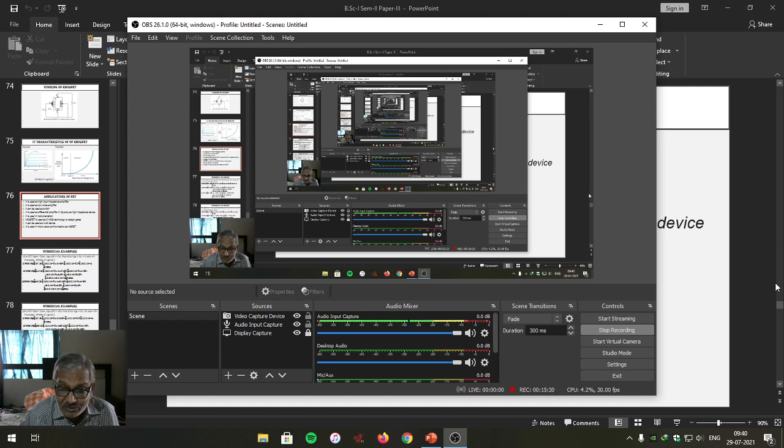Almost all we have completed topic number 4, that is field effect transistor, along with its applications.